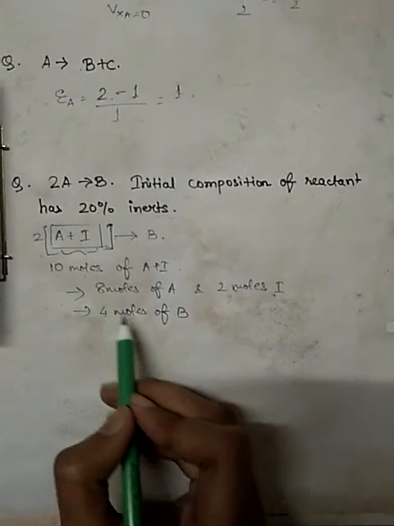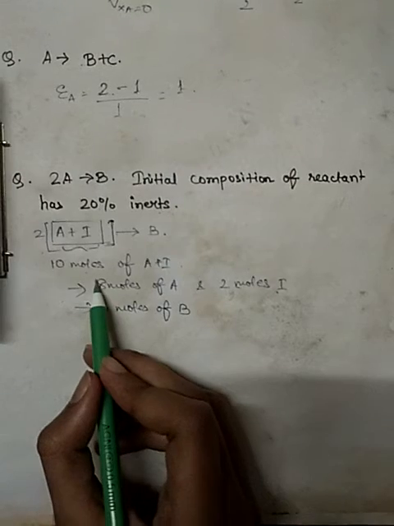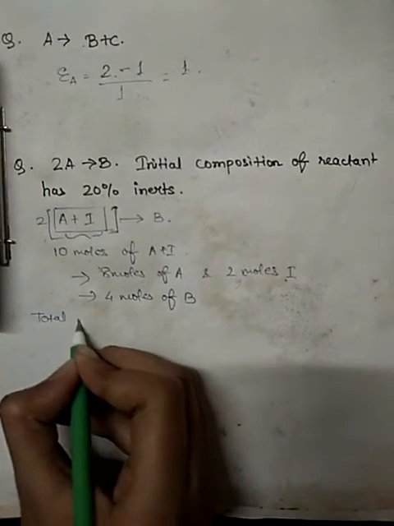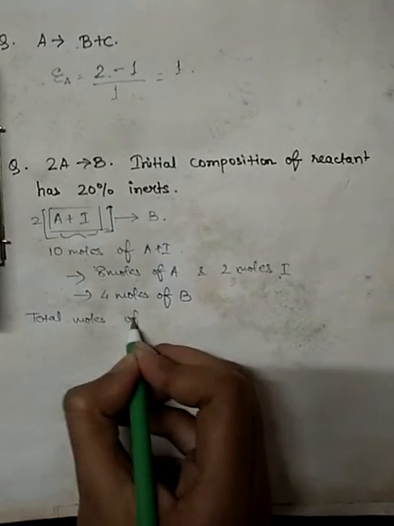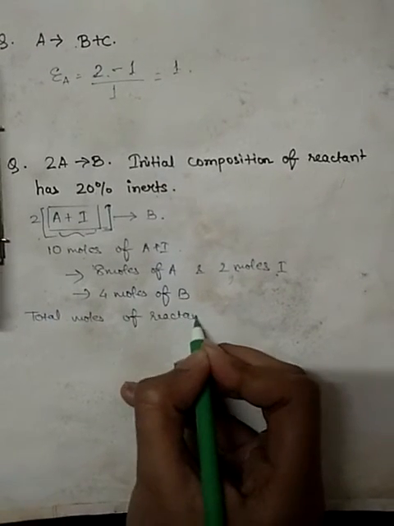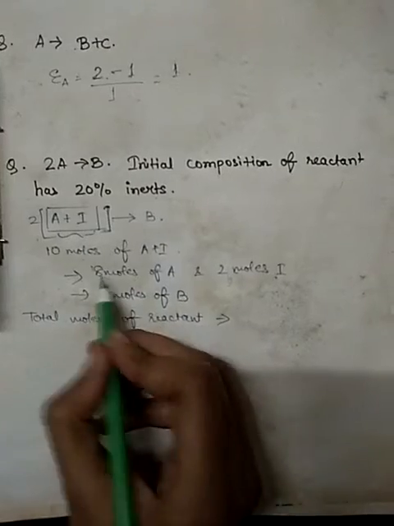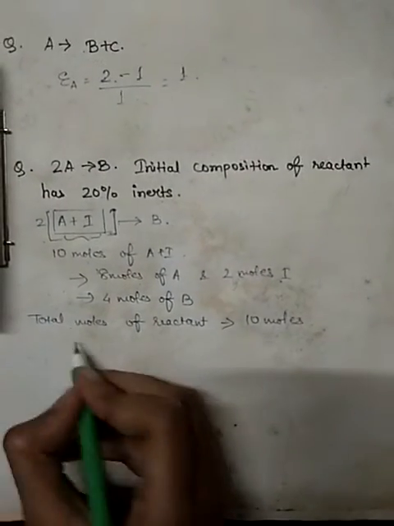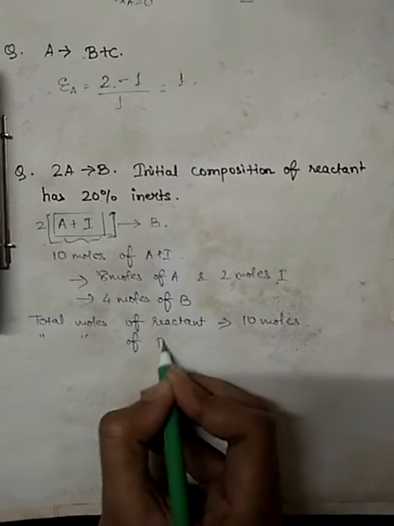So what is the total number of moles on the reactant side? Total moles of reactant is, say, 8 plus 2, 10 moles. No issues with that. Now what is the total moles on the product side?